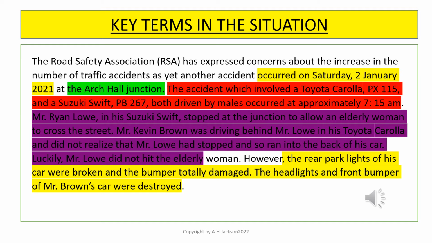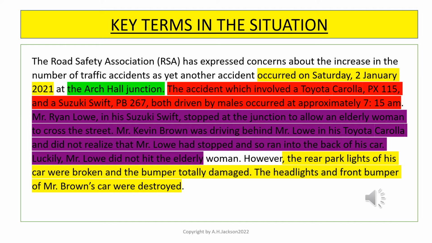Mr. Ryan Lowe in his Suzuki Swift stopped at the junction to allow an elderly woman to cross the street. So we're getting now detail as to why the accident occurred. Mr. Kevin Brown was driving behind Mr. Lowe in his Toyota Corolla. So we know that the Toyota Corolla belonged to Kevin Brown. He did not realize that Mr. Lowe had stopped and so ran into the back of his vehicle.